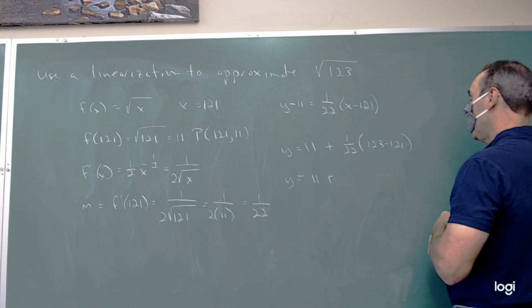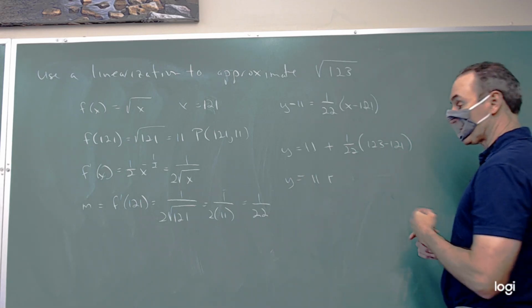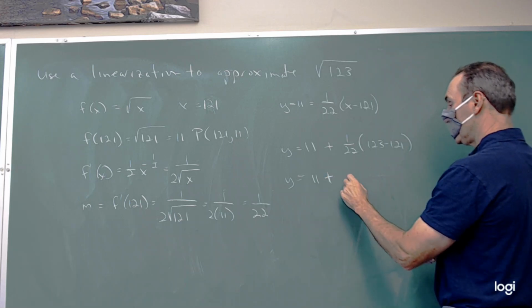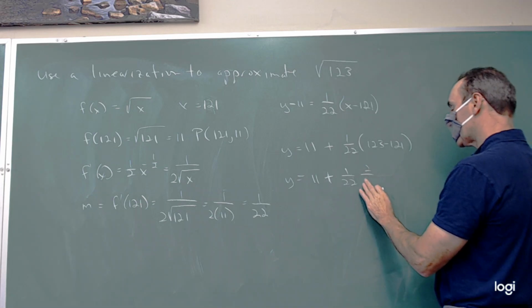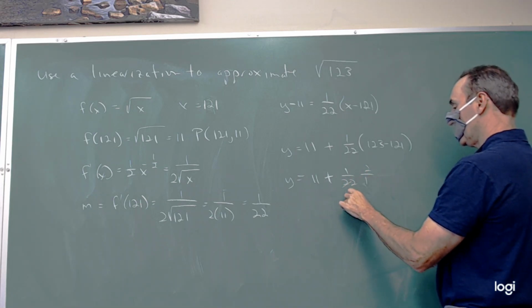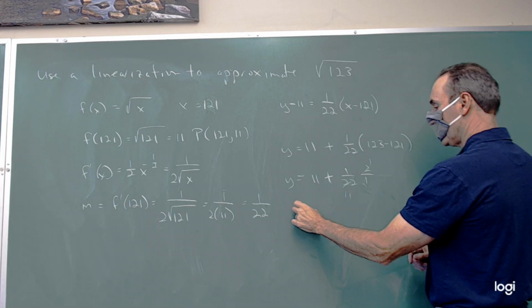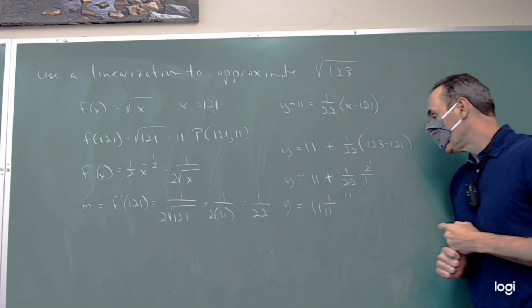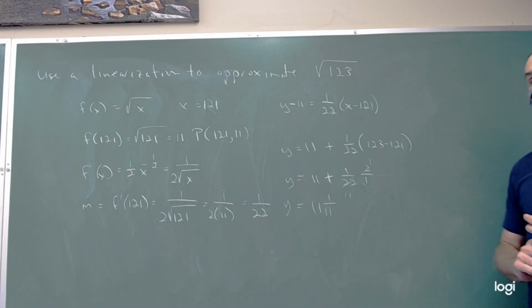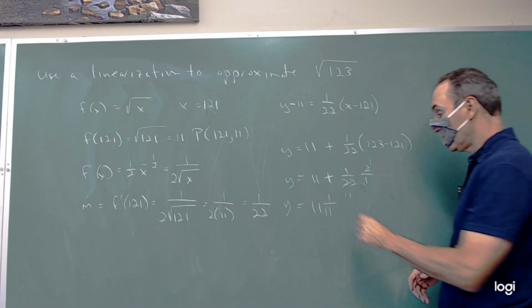So 123 minus 121 is 2. And if you believe in canceling, and who doesn't believe in canceling, you can say this is 11 and 1/11. That's good.